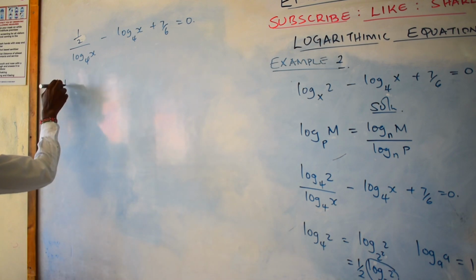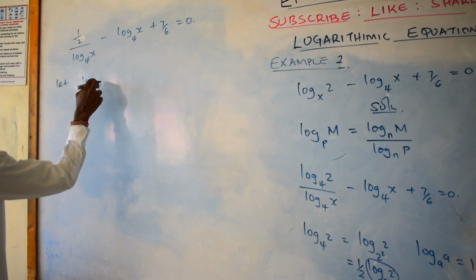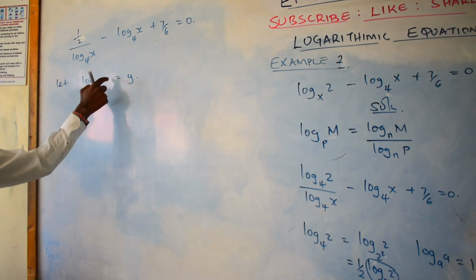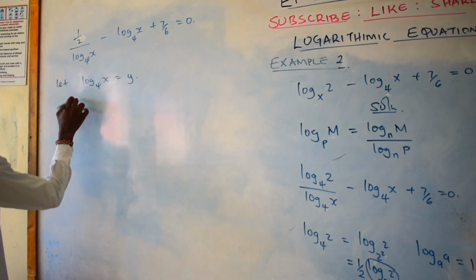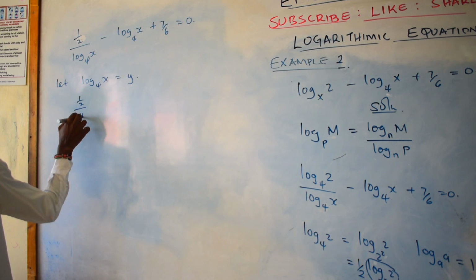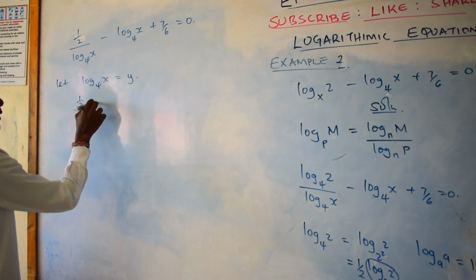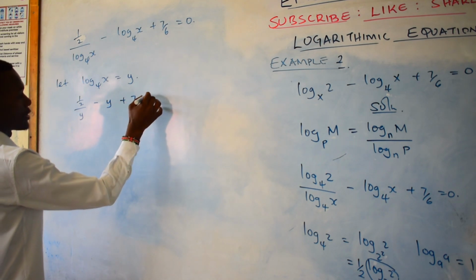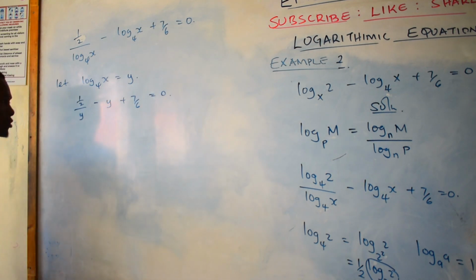So we can let log of x to base 4 become y. So therefore, we shall have a half over y minus y plus 7 over 6 equals 0. Multiply everything by y.